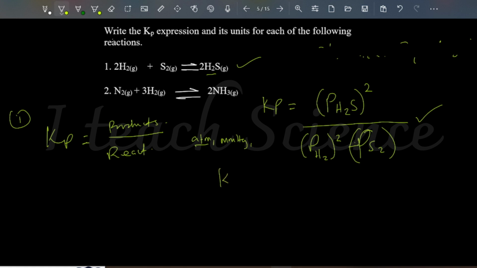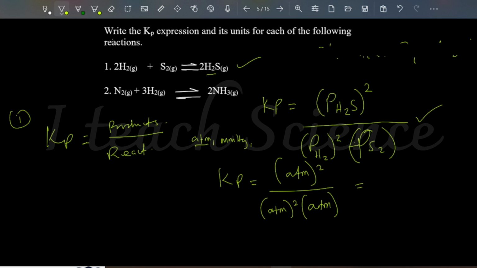So to write the unit, we say atm, but remember it is squared, divided by, again, atm, which is also squared, and another atm. Since they are all pressures, we take the same unit.